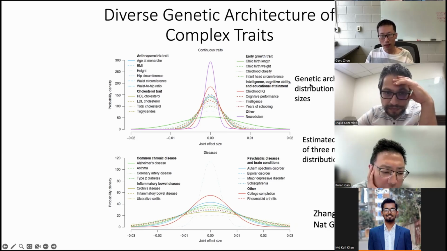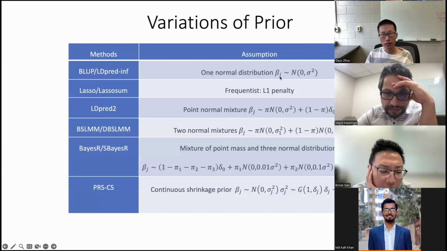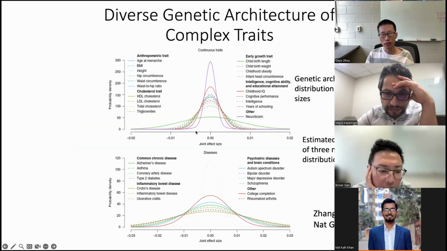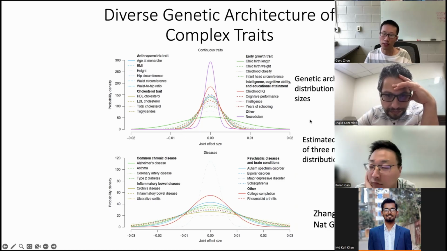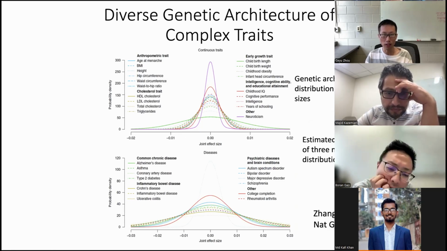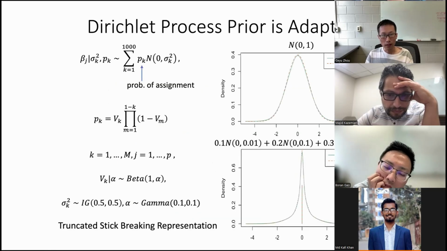And this means we cannot simply use a single normal distribution to describe this kind of distribution. We often prefer to use a more complicated mixture of normal distributions to describe the genetic architecture of complex traits.